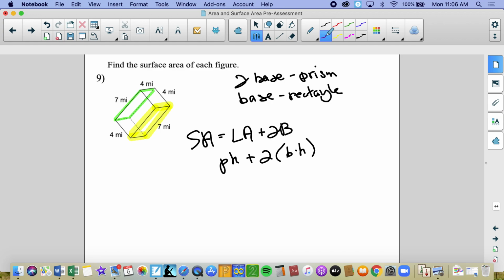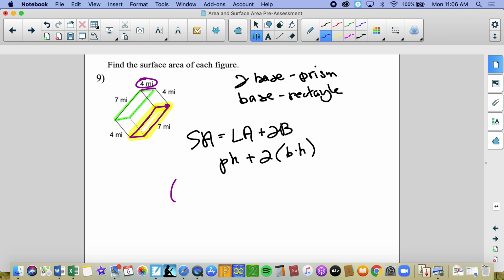My perimeter around my base, the perimeter is 7 miles plus 4 miles plus 7 miles plus 4 miles. And I get that 4 miles from this because it's parallel to that. Remember, if we just move it, it's the same place. So that's where I got that perimeter.